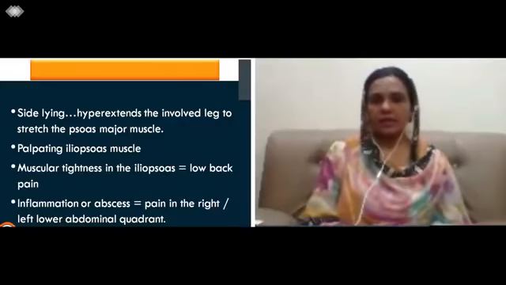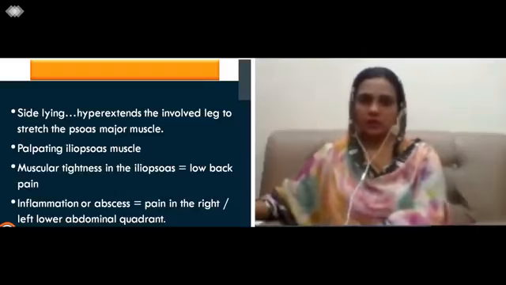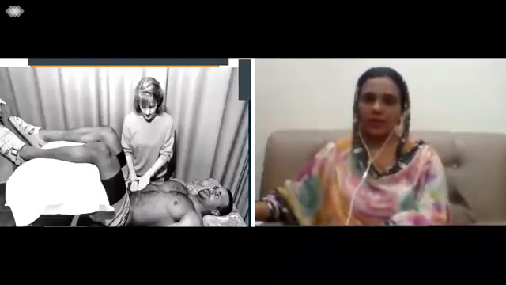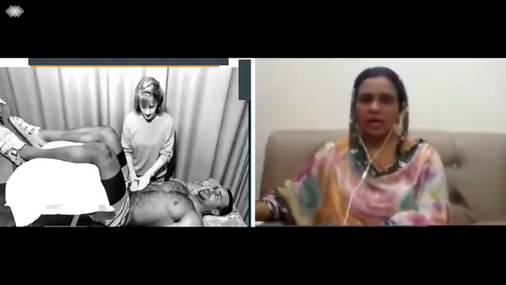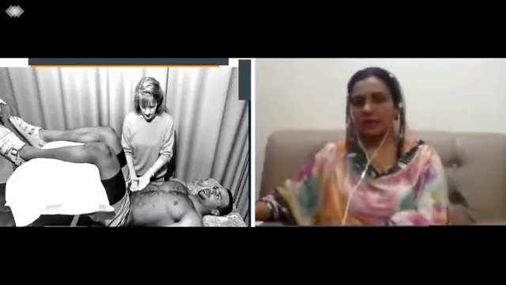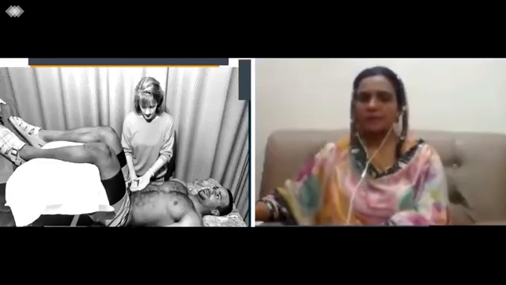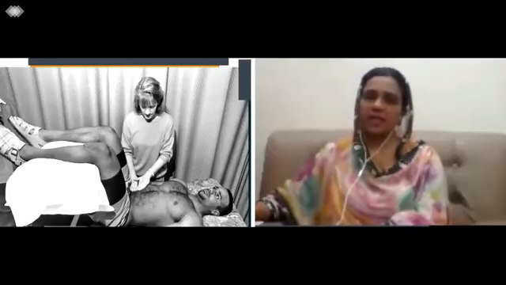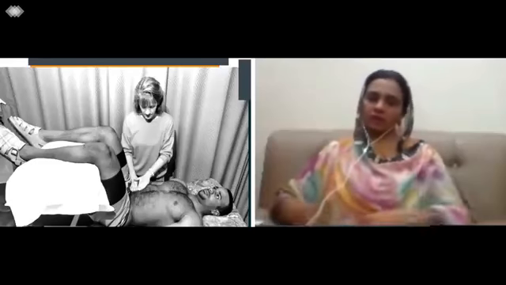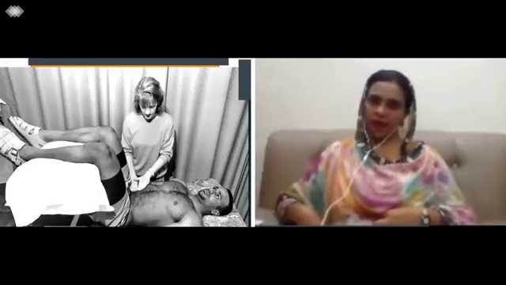Then another thing is you can palpate the iliopsoas muscle. This is the method. The patient will be in the supine position, hip at 90 degrees, knees at 90 degrees, totally supported, and you will palpate the muscle. You palpate from the umbilicus to the iliac spine.